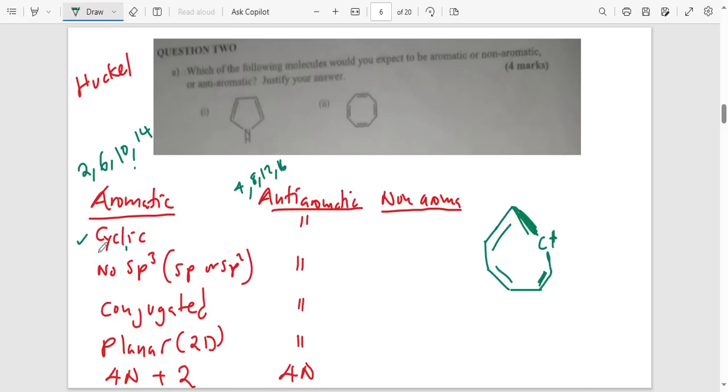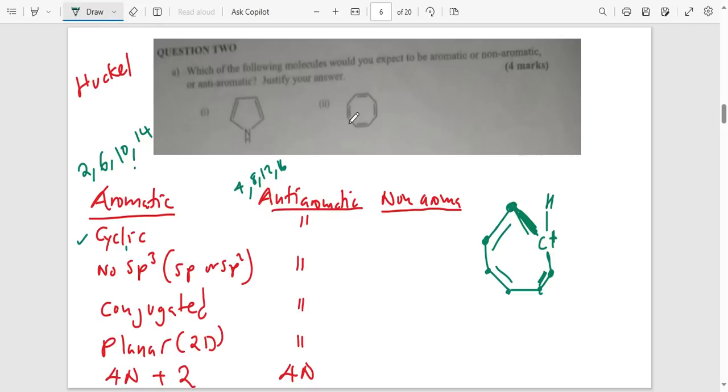Are all the atoms sp or sp2? If you look at this carbon here, it is bonded to three things, meaning it is sp2. This one sp2, this one sp2, this one sp2, this one also, this one also. How about this carbon? Now you can see this carbon has a positive charge. The meaning of a positive charge is it only has one hydrogen attached to it, so it has a deficit of electrons.